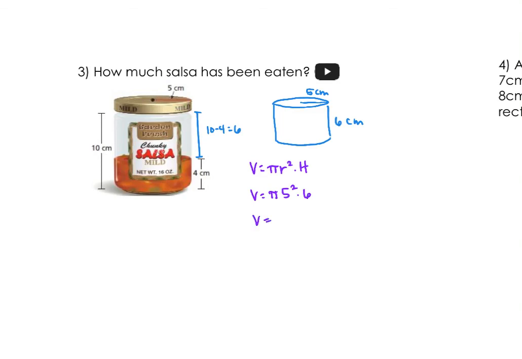So 5 squared is 25, and 25 times 6 is 150. So 150 pi centimeters cubed is the volume of the air. That's in terms of pi, or that tells us how much salsa has been eaten. To get the approximate answer, I'm just going to do 150 times 3.14. You get about 471 centimeters cubed.